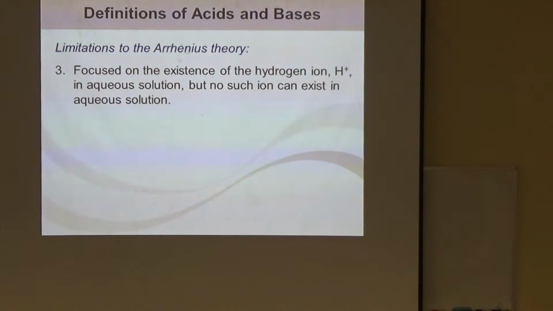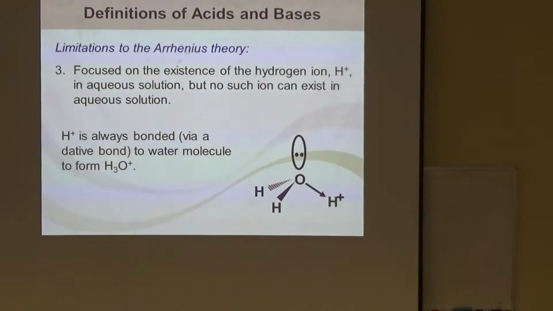It's extremely small, so the charge density will be very high. So this H+ ion doesn't really exist in aqueous solution. Later on we'll talk about what actually does happen. It turns out that the H+ is always going to form a dative bond with a water molecule, and what exists is actually H3O+.